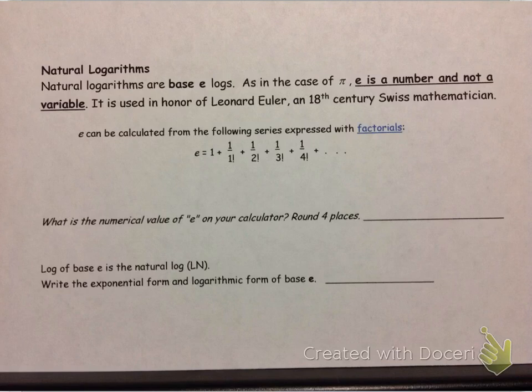So the actual mathematical definition of E is the sum of 1 over (n minus 1) factorial, starting with 1 and going to infinity. Okay, you notice the ellipsis at the end, the dot, dot, dot. So if you did 1 plus 1 over 1 factorial plus 1 over 2 factorial plus 1 over 3 factorial, you would be calculating E.